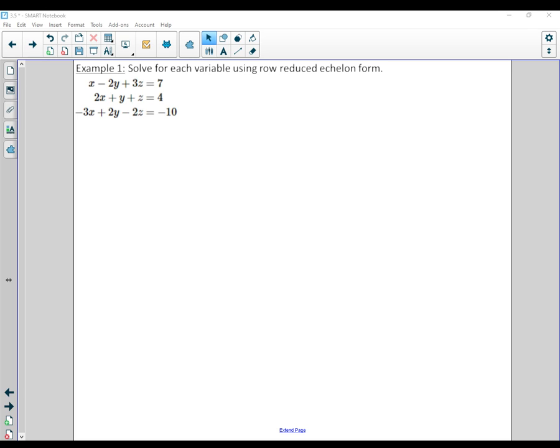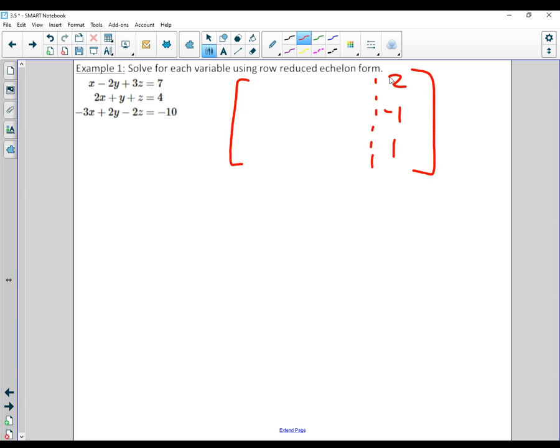And then I'm going to have to use the matrix A. So if we RREF it, we end up getting 2, -1, 1. And then the rest of this is in row reduced echelon form.